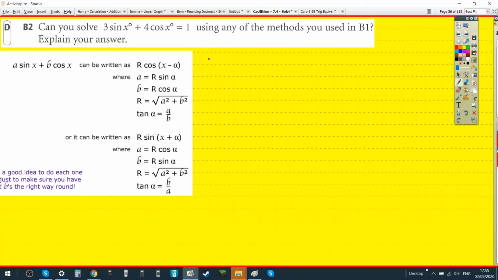And then, wait, is there an alpha? So which one will we use, sine or cos? Sine? Okay, so tan alpha is b over a, because we'll always do that simultaneous equations thing.